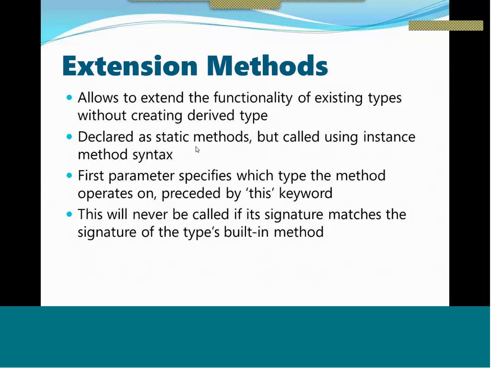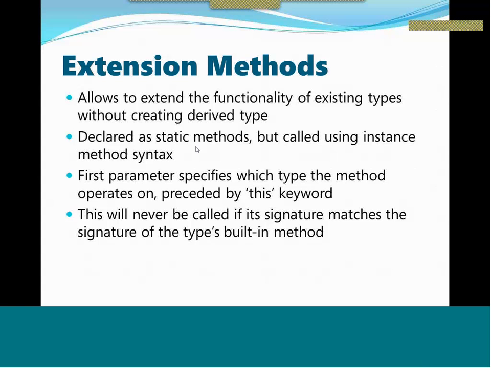And we use this keyword in the beginning of that parameter. Normally parameters contain data type and variable name, but since we have to say this extension method is for so and so data type, we use this keyword.